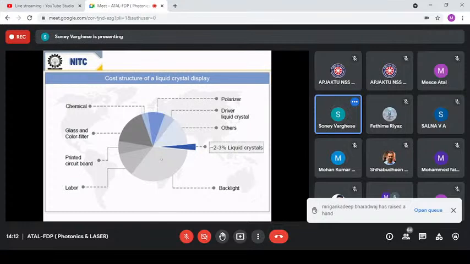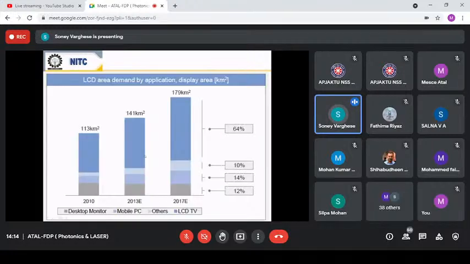So if you look at the overall display unit and the research areas, it's a highly interdisciplinary area, right? So people are working on optics to improve the performance. For example, if you want to make a perfectly black system, usually the problem with liquid crystal is that the materials are anisotropic, right? And because of that, there is light leakage.